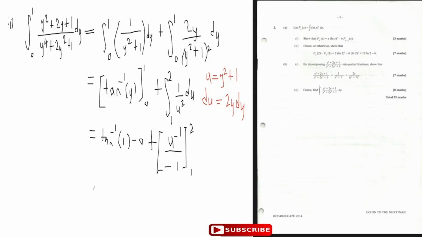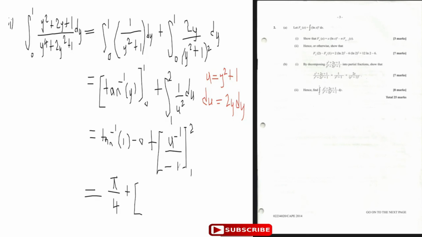Tan inverse of 1 is, I don't know, so I put it in my calculator. Tan inverse of 1, that looks like pi by 4. Plus, we put in 2 and 1 now.